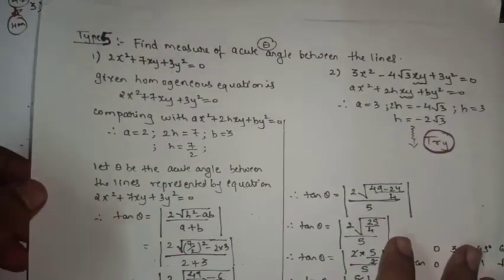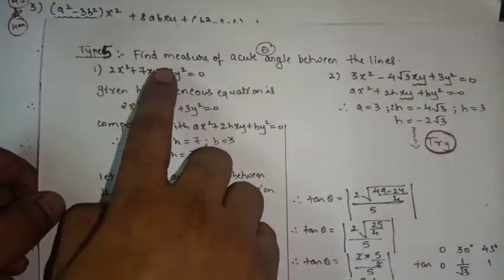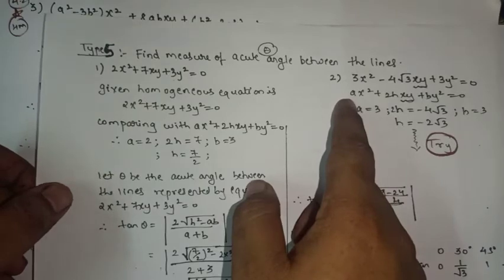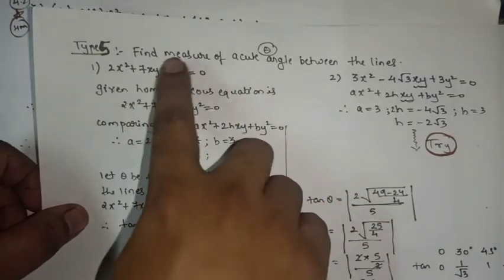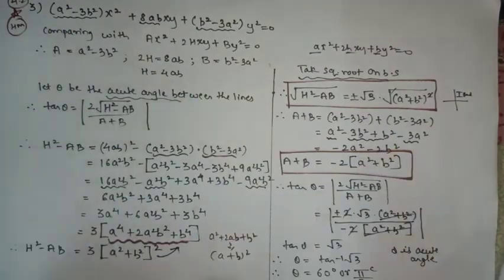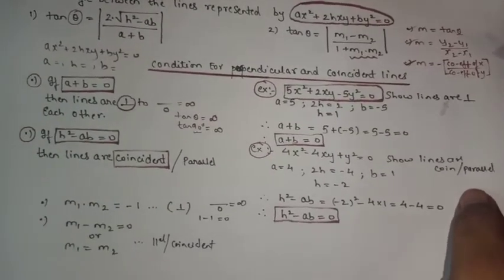So we saw two sums based on how to find the measure of acute angle. Then after that I took a very important sum from the exercise, and you saw the concept also.